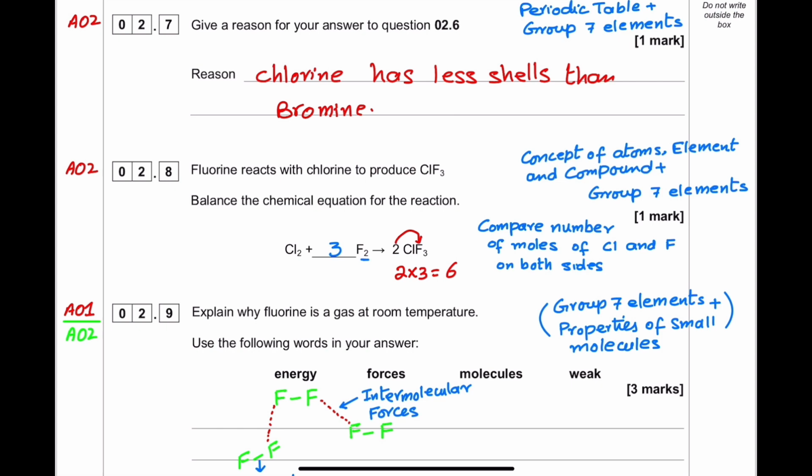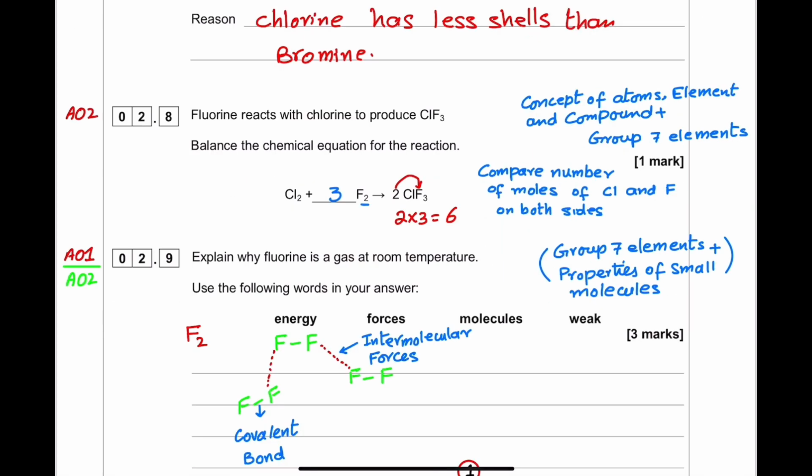We see the fluorine molecule, which is F2. A single covalent bond is present between fluorine and fluorine. If you look here, this is one fluorine molecule, this is another fluorine molecule, this is another fluorine molecule.